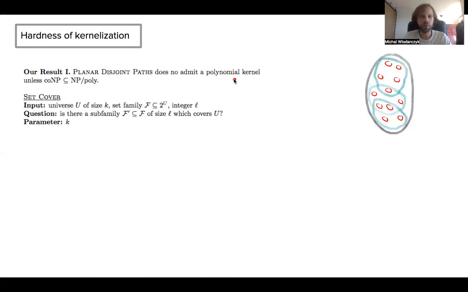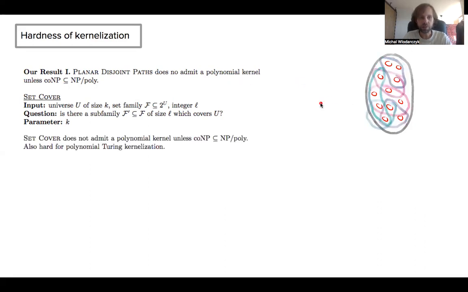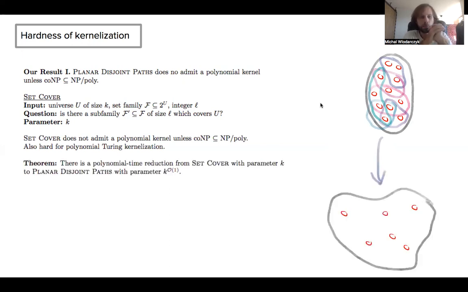And we parameterize set cover with the universe size k. Set cover is known to be hard for standard kernelization and for Turing kernelization. And to transfer this hardness into planar disjoint paths, we need just a proper reduction.